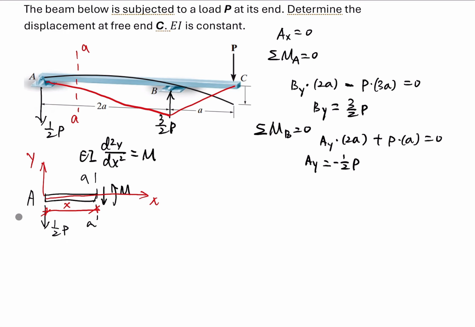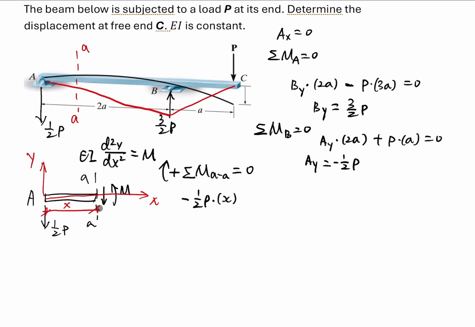Then we can easily write down the equation of equilibrium of section A to A. The bending moment at section A to A is equal to 0, based on the moment equation of equilibrium. To write down the equation, we need to assume a positive direction. If we say the positive direction is clockwise, then the reaction force 1 over 2 P produces a bending moment that goes counterclockwise, so it's 1 over 2 P times the lever arm x.